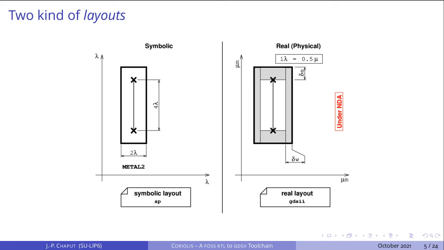It is slightly more complex than a shrink because you also add a small delta on the wire width and a small delta on the extension of the segment. But it is mostly a shrink. This technique is very successful, but it has the drawback that you cannot achieve the same density as with the real layout.